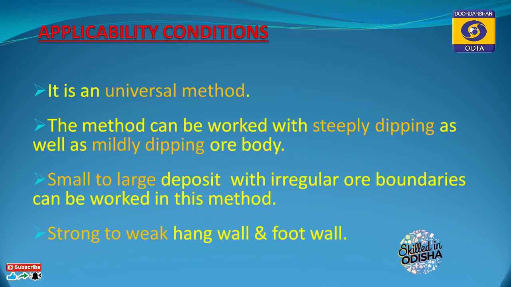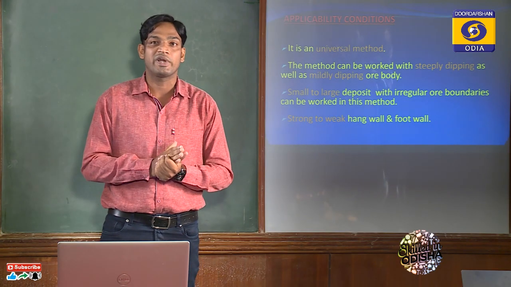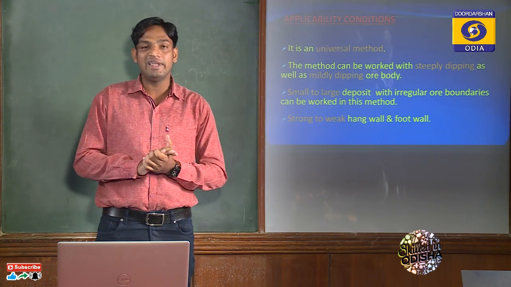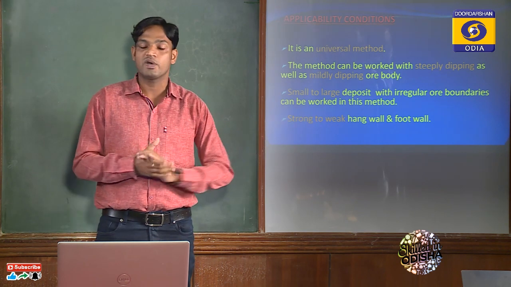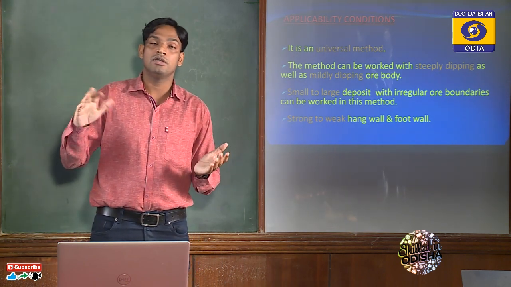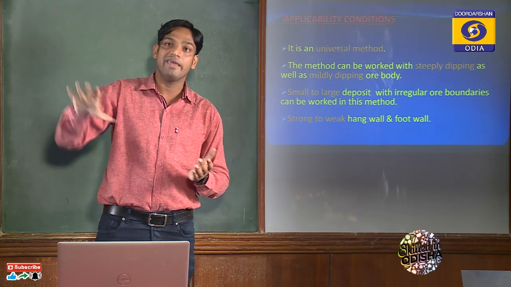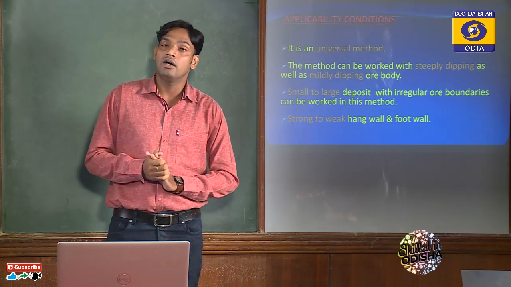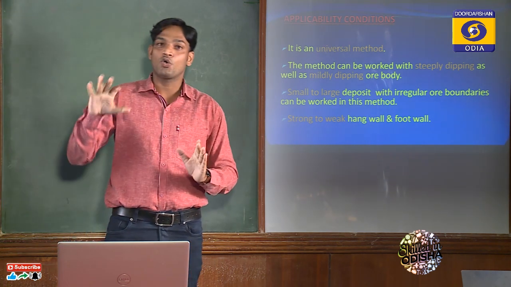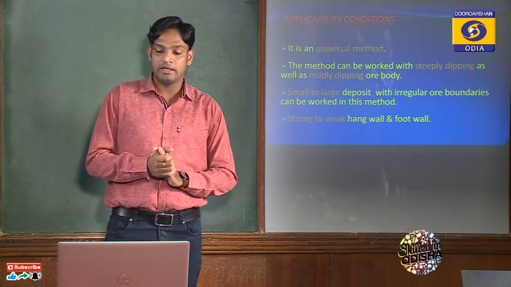Strong to weak hang wall and footwall. As this method of stoping is artificially supported, we completely fill the filling materials. As we have said in the introduction, we have completely filled the vacant area produced by the ore body, and that is occupied by the filling materials.